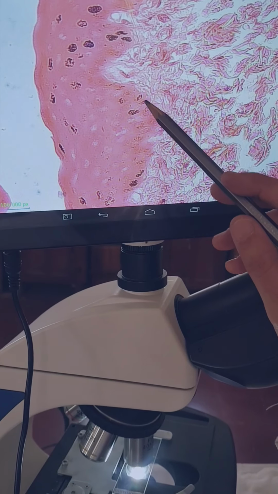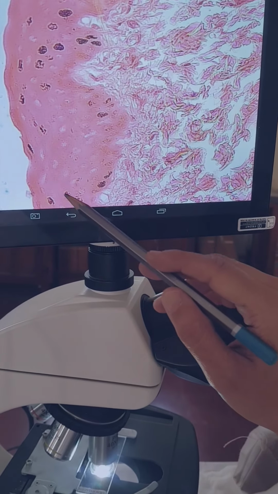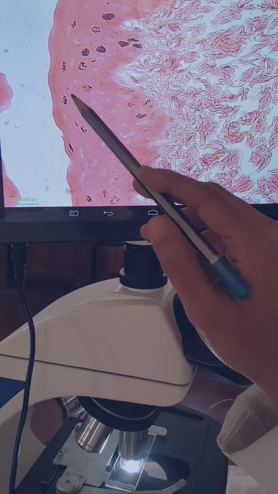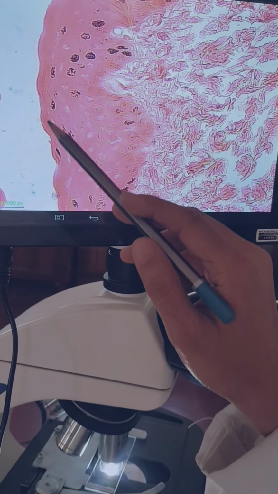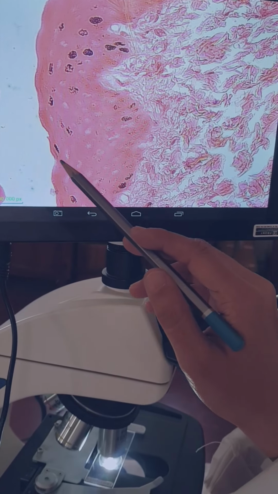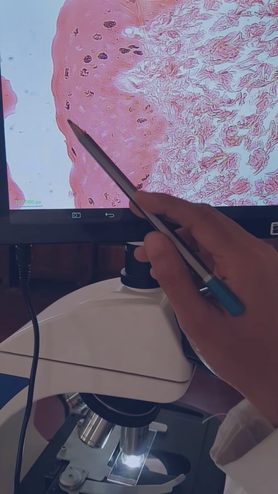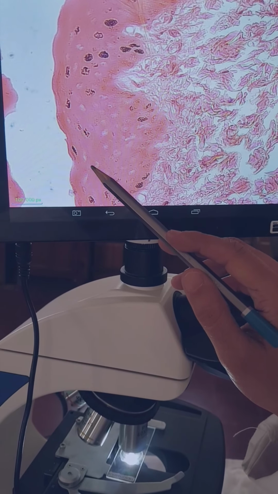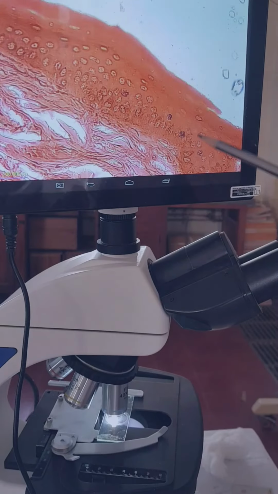See, basal cells are columnar, having oval nuclei, middle cells are polyhedral with rounded nuclei, and surface cell layers are squamous and they have flattened nuclei. This stratification is seen, and this is the squamous superior or surface layer. That's why this is called stratified squamous non-keratinized epithelium lining the esophagus.